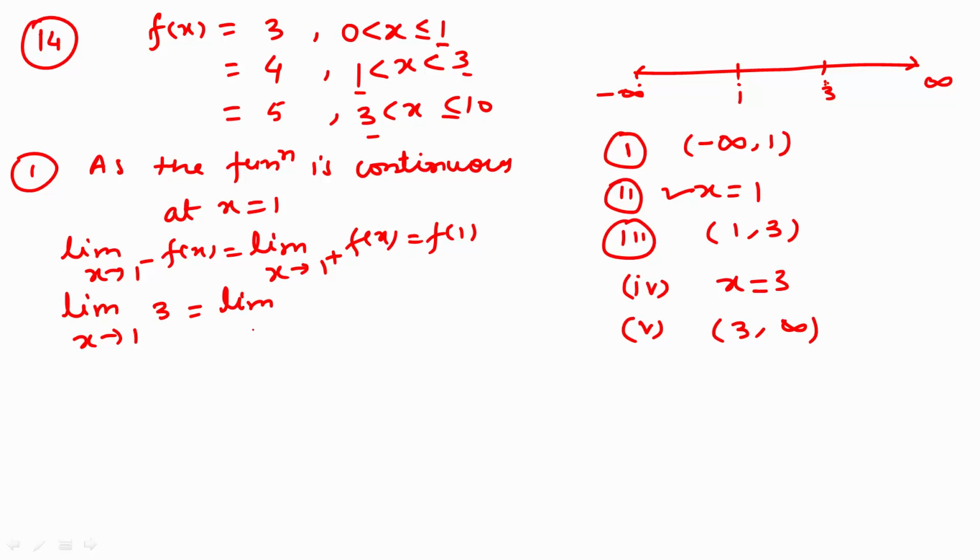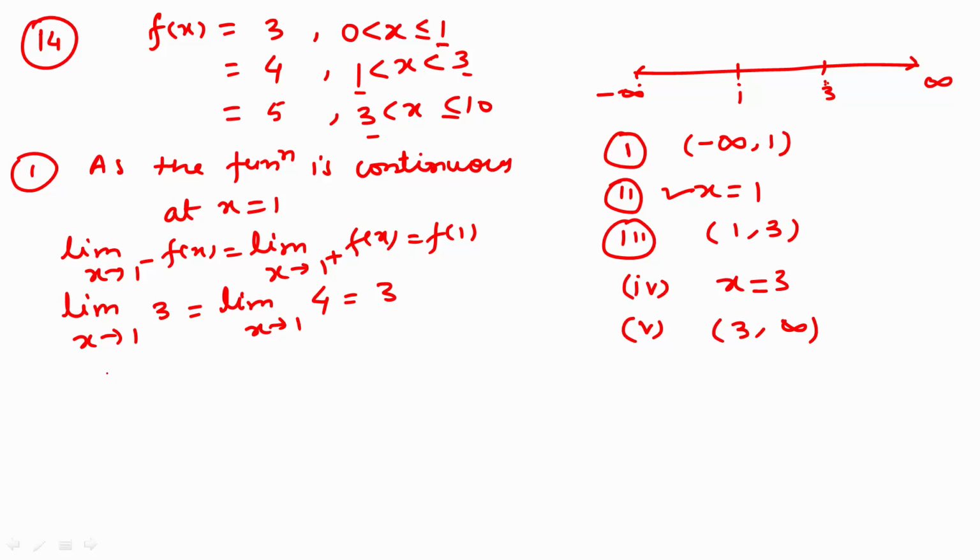Limit x tends to 1 plus indicates that the value of x is greater than 1. Here the value of x is greater than 1, so we will take the function 4. And for f of 1, when x is equal to 1, we will take the function 3.